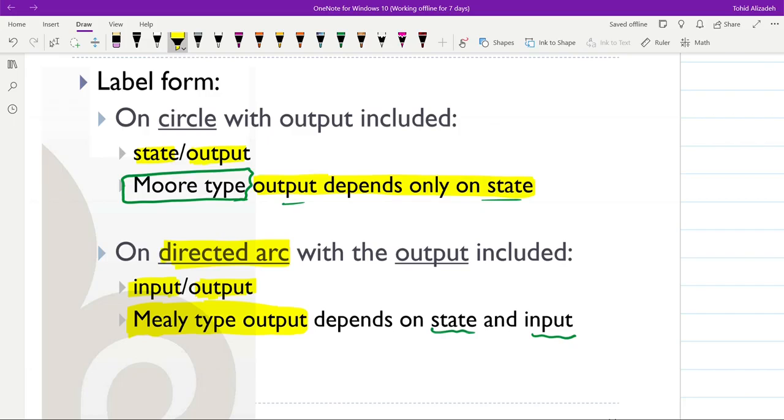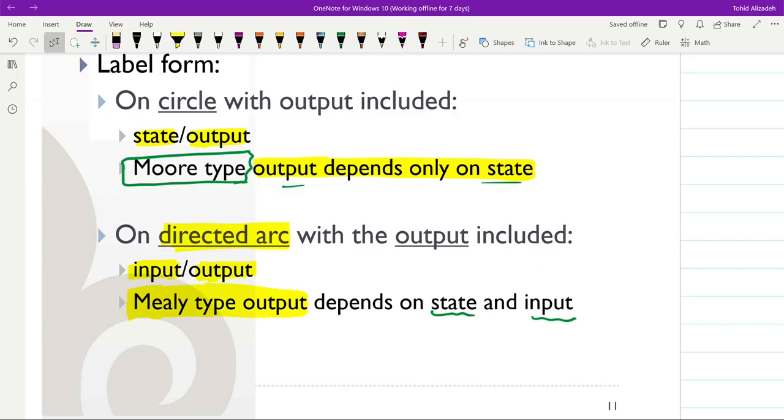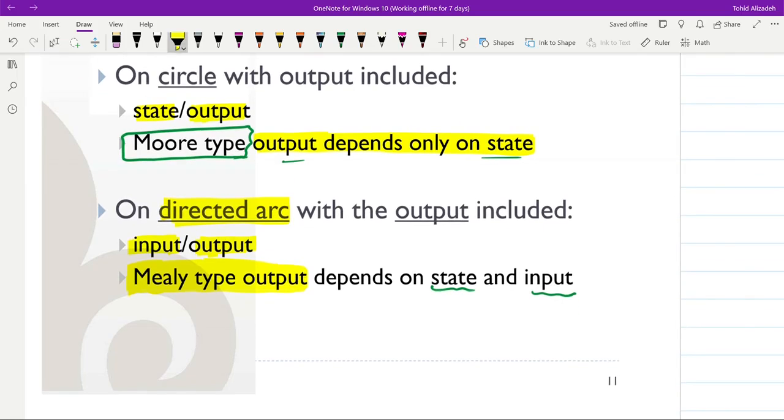We may have a combination of these kinds of states in a single circuit, so it's better to call them Mealy type state or Moore type state. So for the Mealy, the output depends on the state and input, and for the Moore, it depends only on the state.